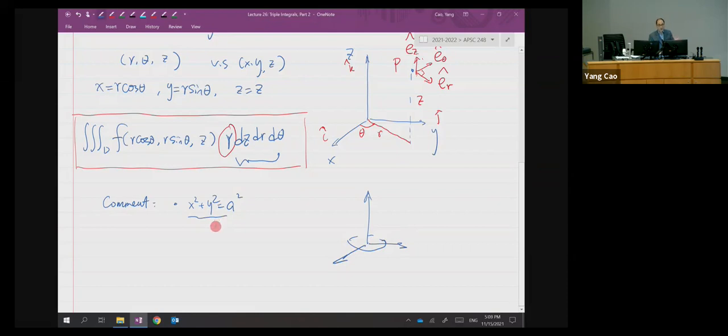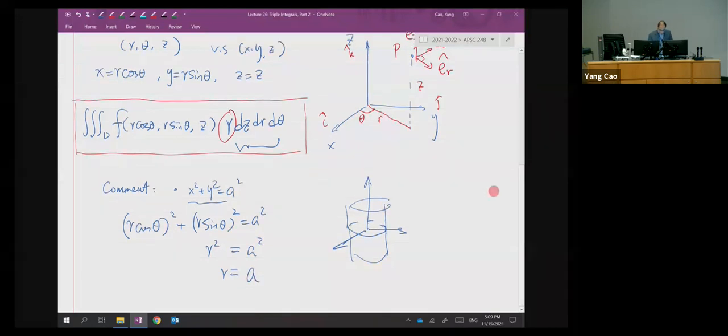A cylinder, right? You just have to elongate it to both sides, so you get a cylinder. So if I replace x with r cosine theta and y with r sine theta, I will get r squared equal to a squared, which reduces to r equal to a.